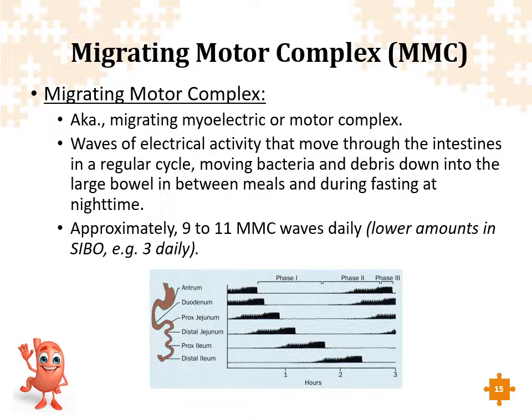Now, all of us will typically have anywhere between 9 to 11 migrating motor complex waves over a 24-hour period. Most of them occur during fasting states, so during the middle of the night. They've shown that in people with SIBO, the activity of these waves is greatly diminished, sometimes to around 3 daily.